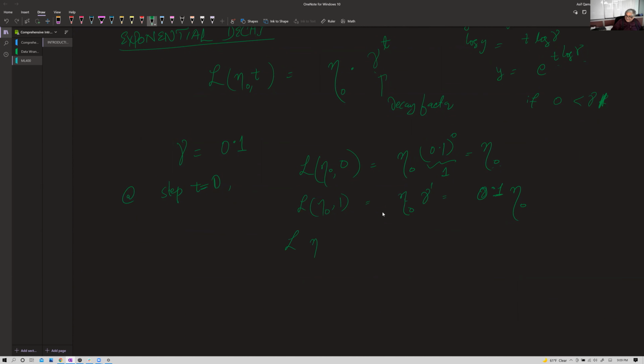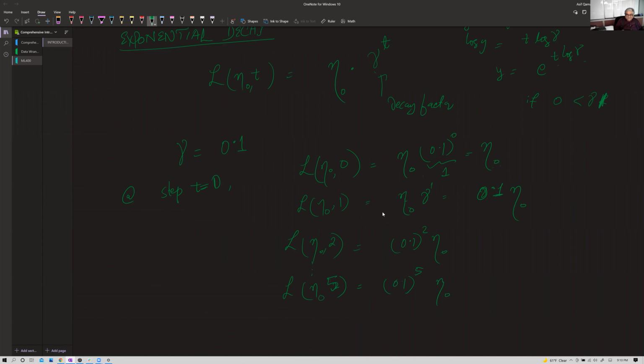Then eta 2 is what? You can convince yourself that this is 0.1 squared times eta naught, right? So likewise continue. Eta 5, basically step 5, is eta naught times 0.1 to the power 5.